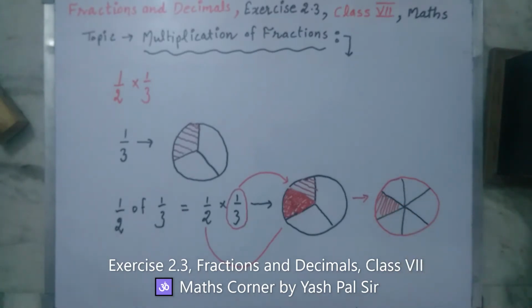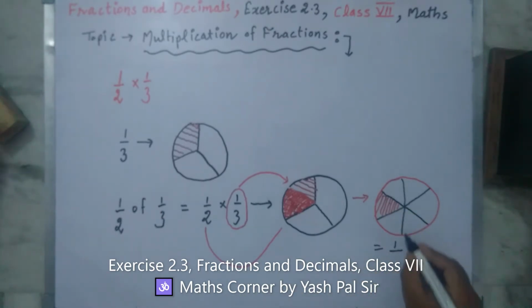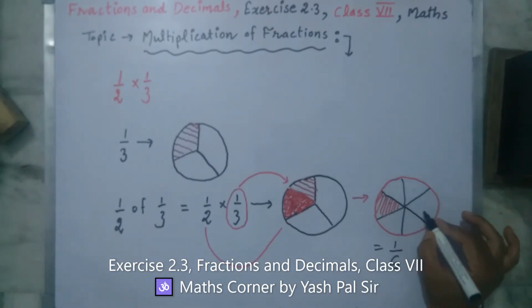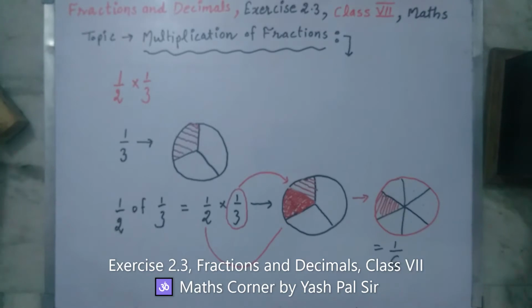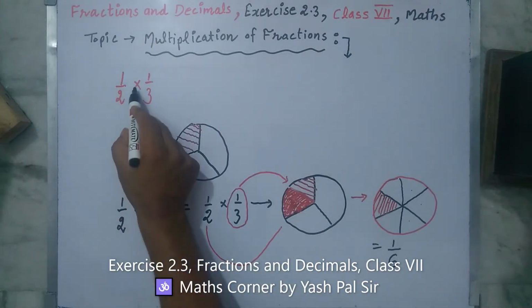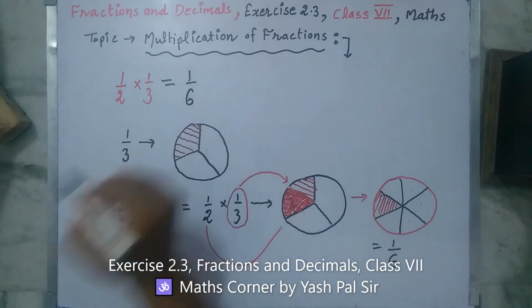Now what can we say about this? The answer will be one part shaded out of 6 parts, because 1, 2, 3, 4, 5, 6. So this is the geometrical meaning of the multiplication of fractions. 1 by 2 of 1 by 3, the answer is 1 by 6.